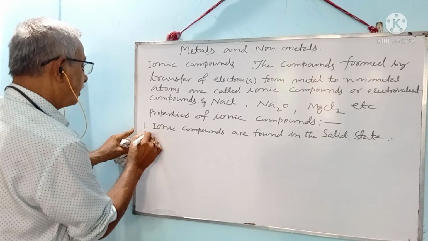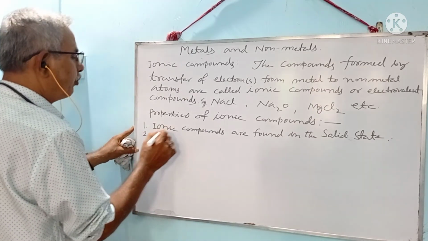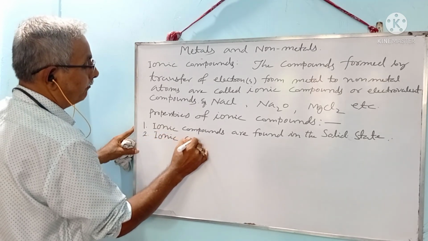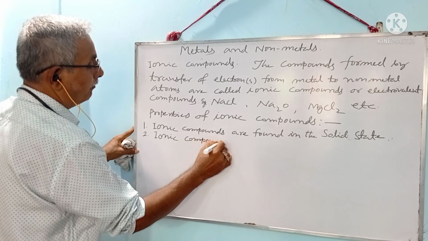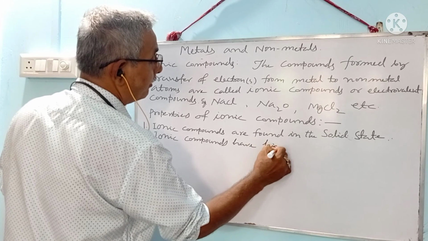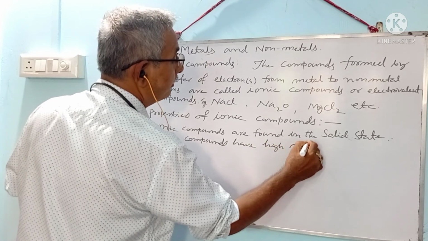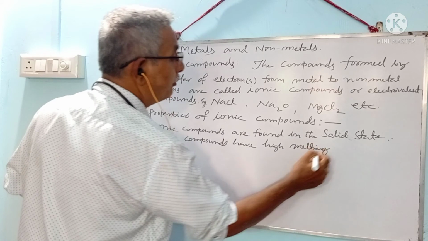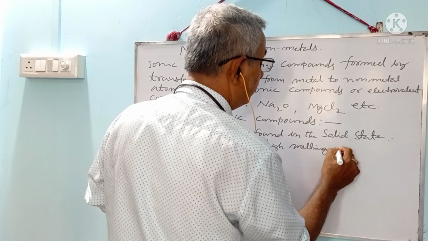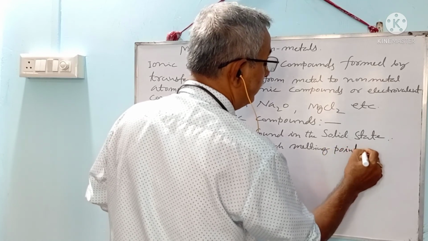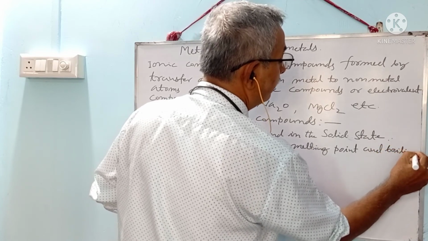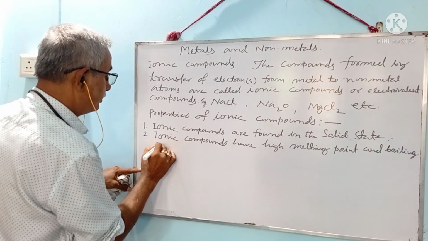Second, ionic compounds have high melting point and boiling point.